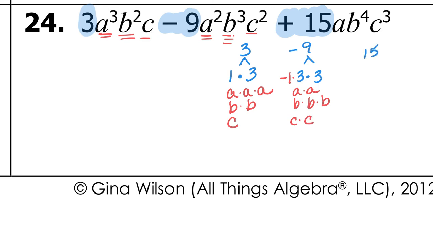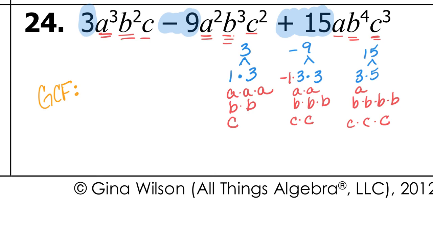And last is the number 15. 15 can be broken down into 3 times 5, and it contains 1 letter A, 4 letter B's, and 3 letter C's. So for my greatest common factor, I need to find everything that belongs in all 3 groups.